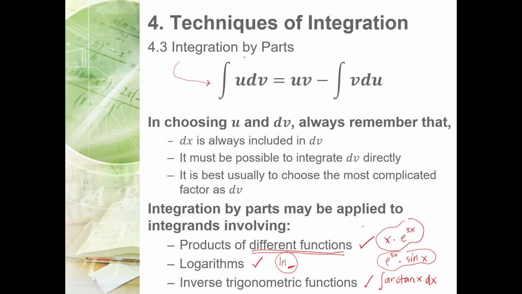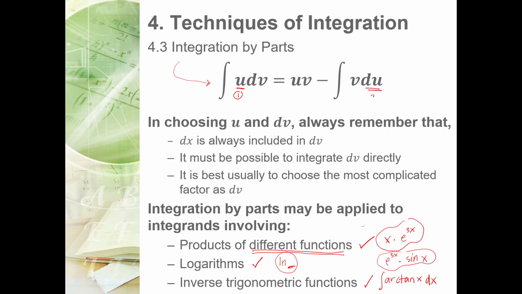Okay, so in integration by parts, the formula is in this format. The integral of u dv is equal to uv minus the integral of v du. So if you look at the formula, you have four different variables to discover. First is the u parameter. The second one is du.